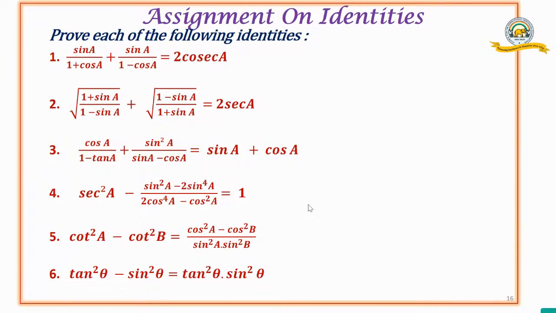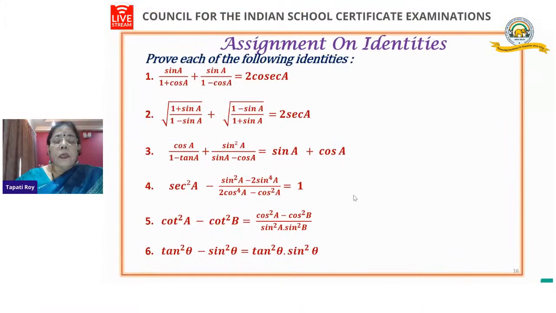Hope you have taken them down, and please do try keeping all the factors that I have discussed in mind and work it out. See how you solve your identity. And the best part, again, I'm saying, all the identities, you have your answer in front of you. So you know whether you have come to the right answer or not.